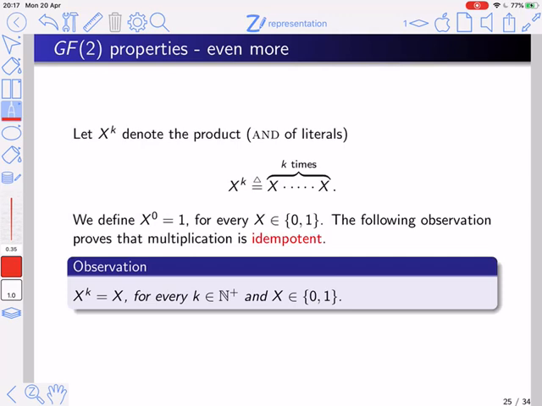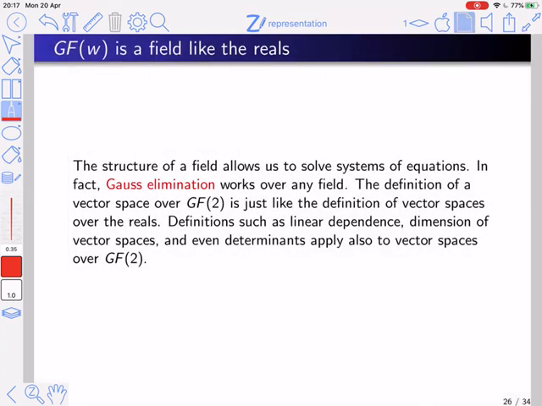Now, multiplication is idempotent. What does that mean? It means that x to the power of k equals x for every k which is greater than or equal to 1. So what this means is that high powers of x are just equivalent to x.